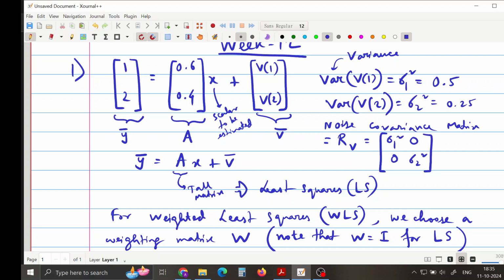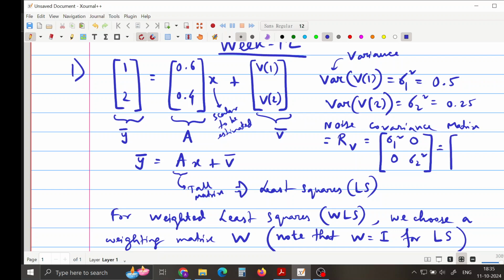Of course it is 2 by 2 because your noise vector is a 2 by 1 vector, and the off-diagonal elements are 0 because the noise samples are independent, which automatically implies they are uncorrelated as well.